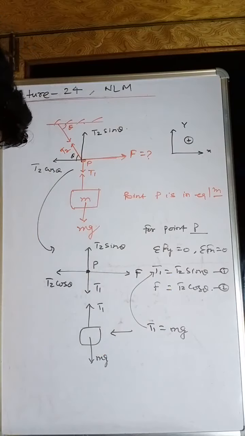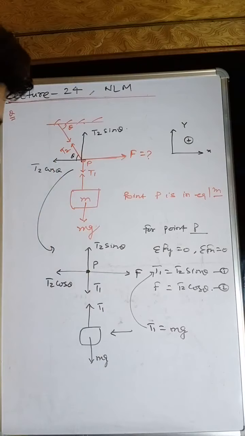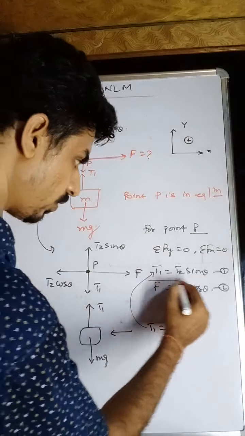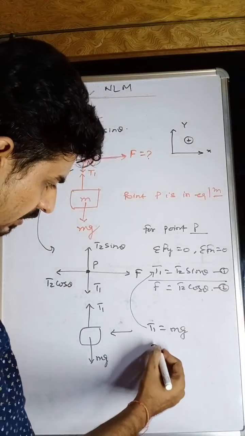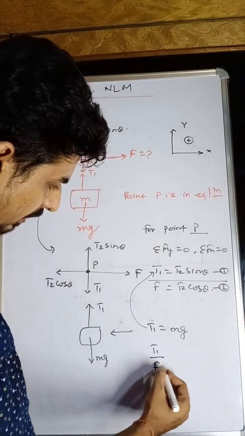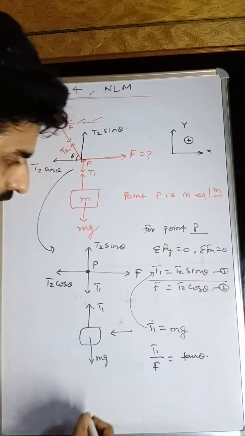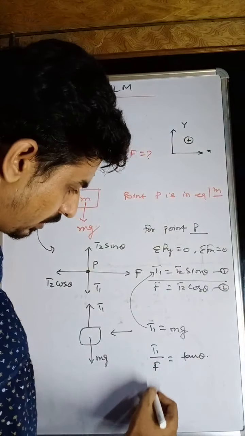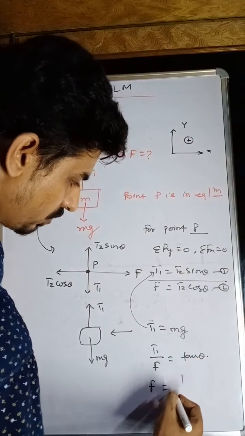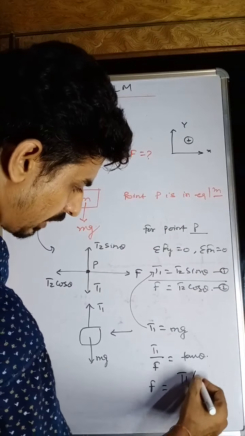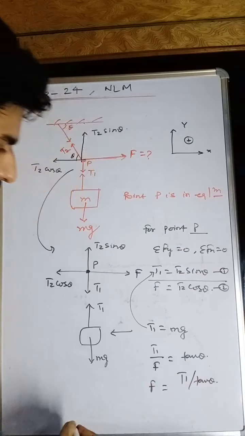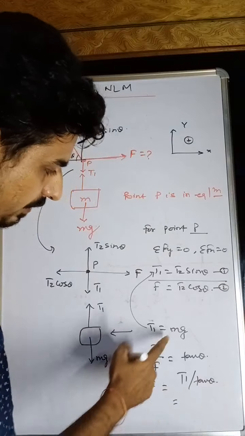Dividing these, you can write T1 by F is equal to tan theta. So F is equal to T1 by tan theta, or since T1 is mg, F equals mg by tan theta.